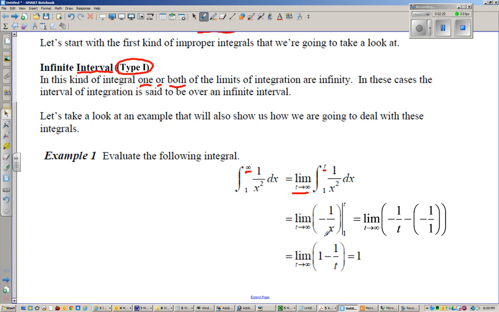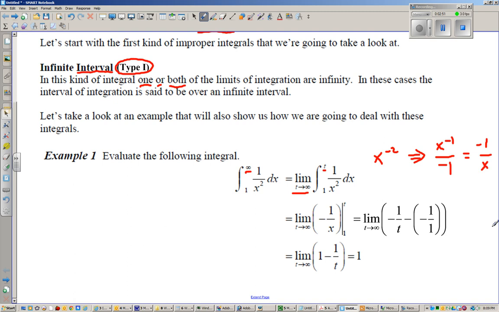So we'll proceed as before. That is to say, we'll take the antiderivative of 1 over x squared, and of course that is x to the negative 2, and that suggests an antiderivative of x to the negative 1 over negative 1, better stated as negative 1 over x.